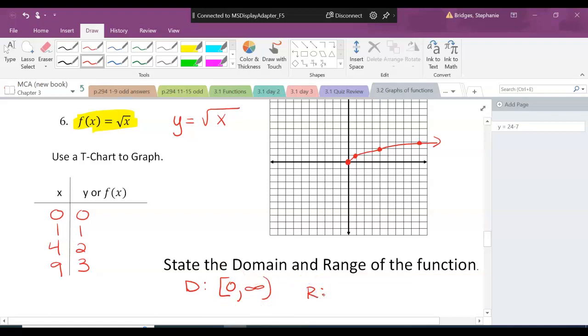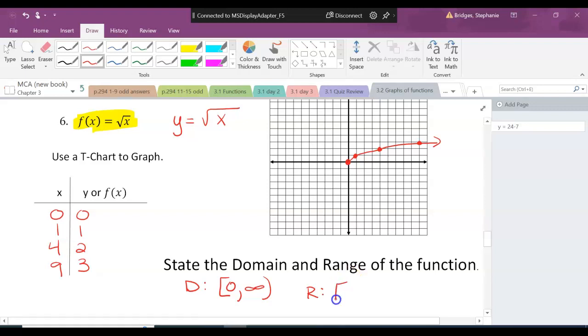I want you to try the range. What's the first number I touch with my y value? 0. And then is it going to get higher and higher as it goes? Mm-hmm. So it's going to be from 0 to infinity.